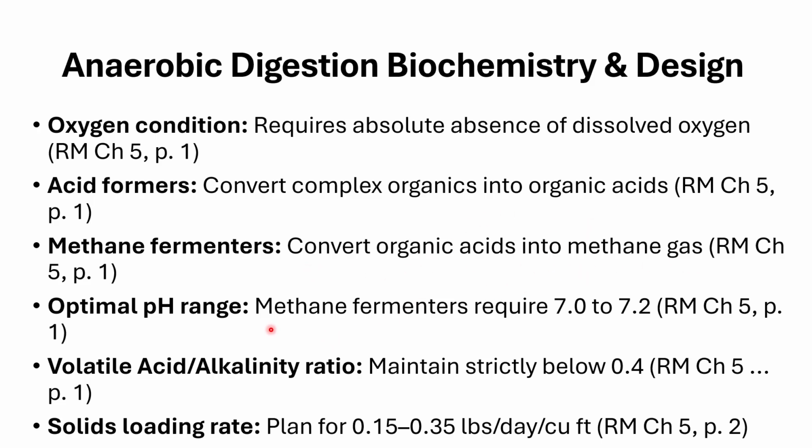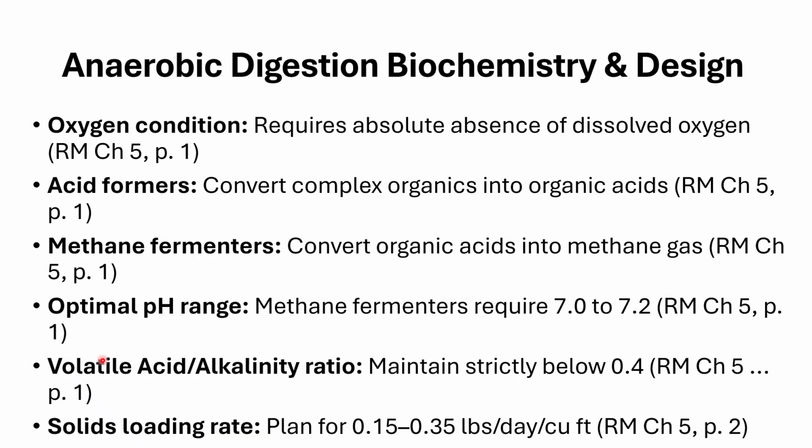We want to run this process, anaerobic digestion, for the methane fermenters to function. We need to look at a pH between 7 and 7.2. Okay, that's what we want to operate the anaerobic digestion process at. For a volatile acid over alkalinity ratio, we want to operate below 0.4.